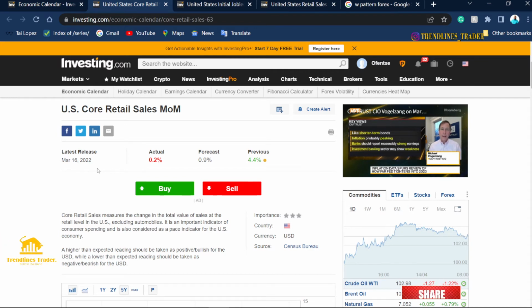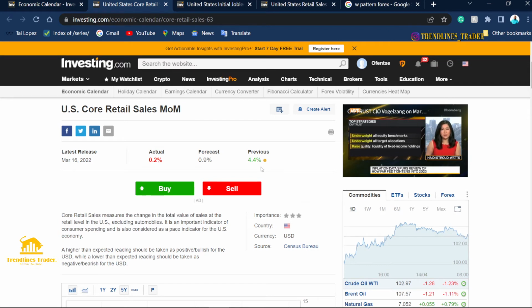This month the news are released on the 14th of April. Today is the 14th. This is the actual 0.2, the forecast, which is 0.9%, and the previous was 4.5%.